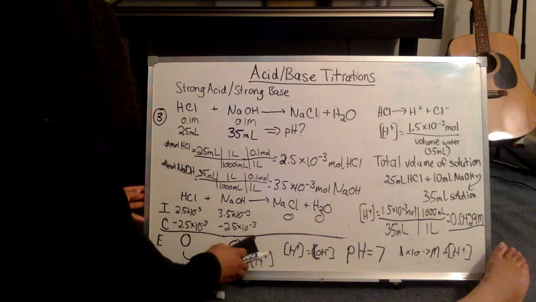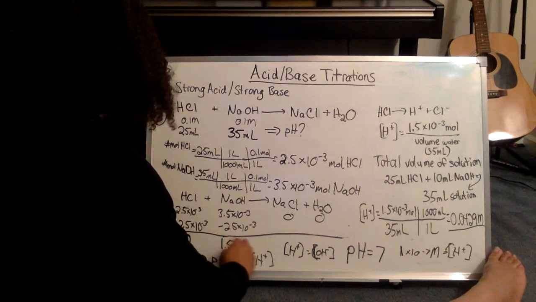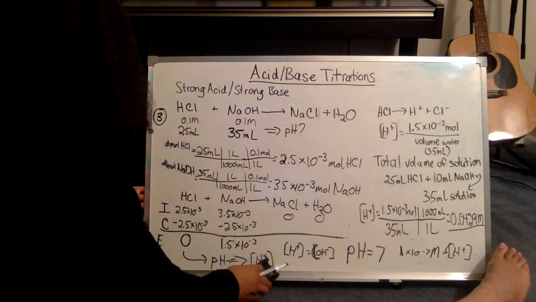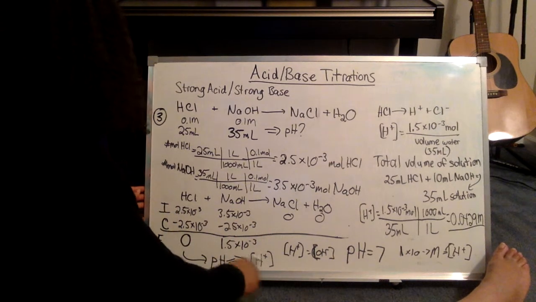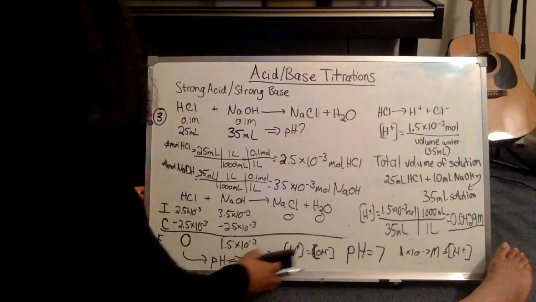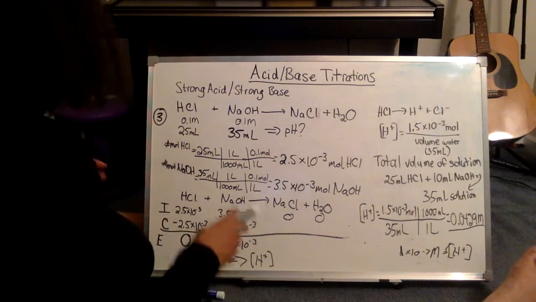This becomes 0, and then this becomes 1.5 times 10 to the minus 3. Now we want to figure out pH. In order to figure out pH, we're going to start with pOH because we have an excess of base.